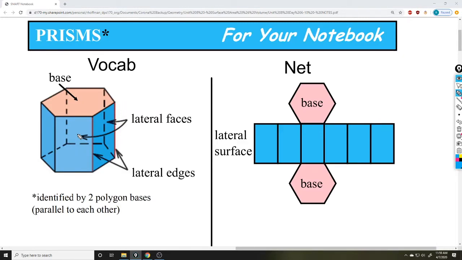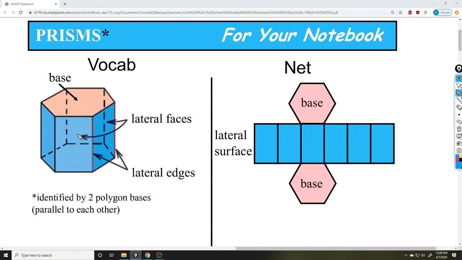Now, prisms are just shapes that have two polygon bases. So if you see the shape, it's got a top base and a bottom base most of the time, or sometimes it'll have a base on the front and a base on the back. But the main thing is that it has two bases.